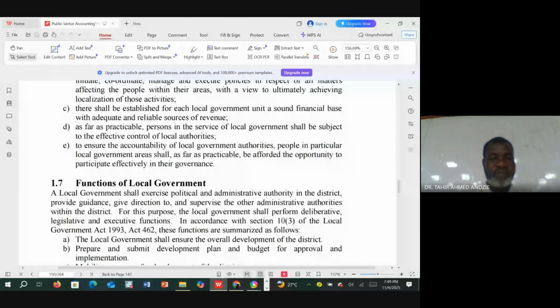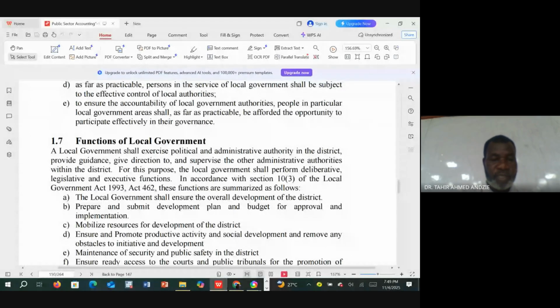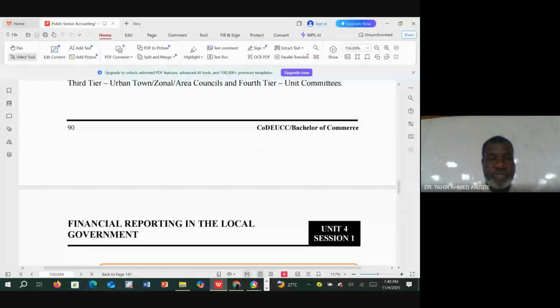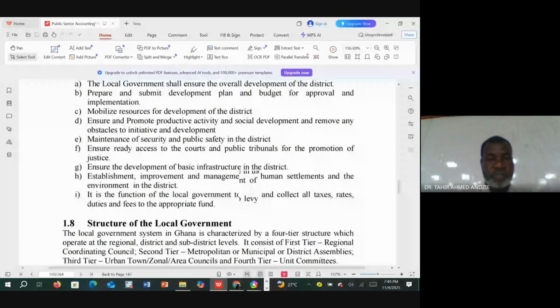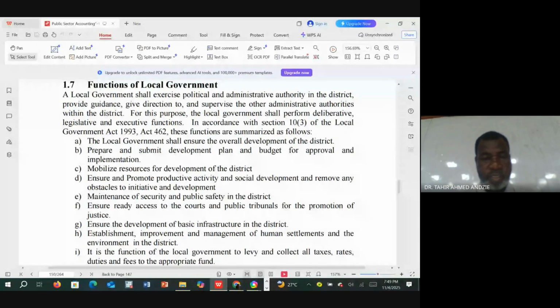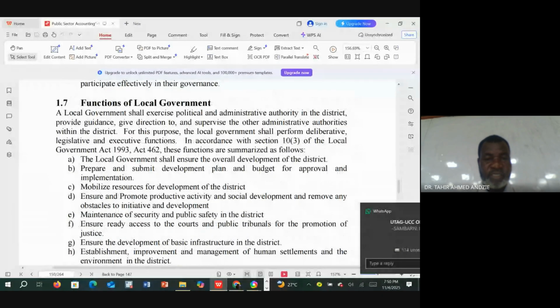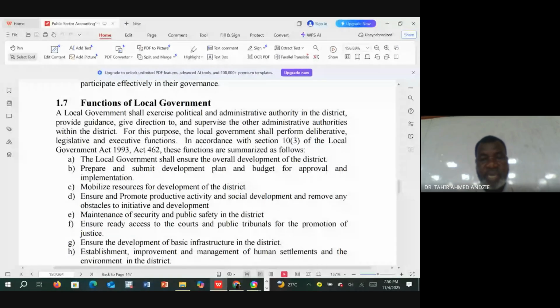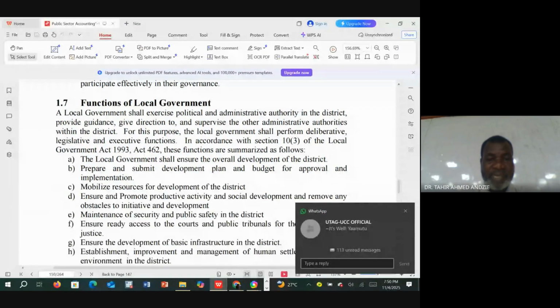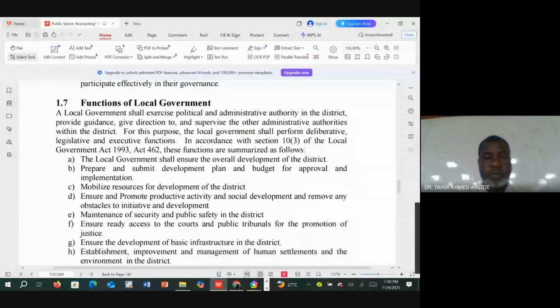So now look at the functions of local government, and some of these things are many. You have to read them. Local government shall exercise political and administrative authority in the district, provide guidance, give direction to, and supervise the other administrative authorities within the district.